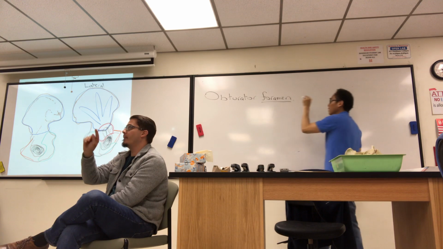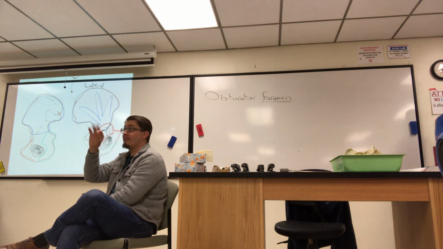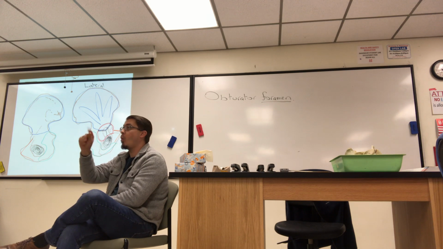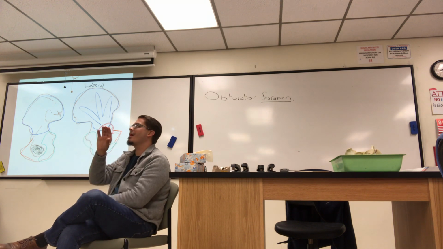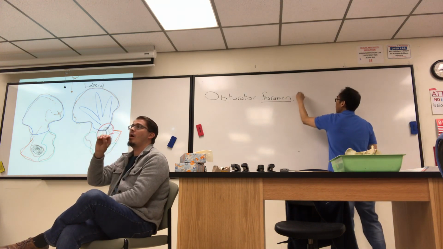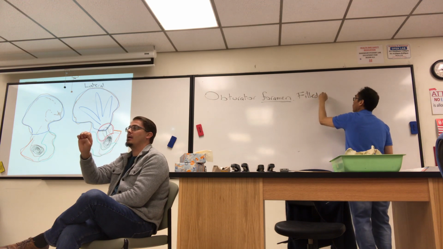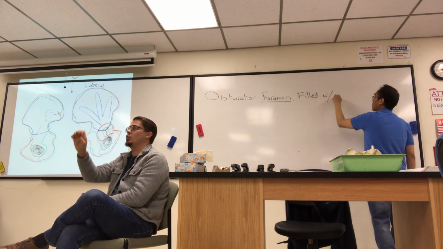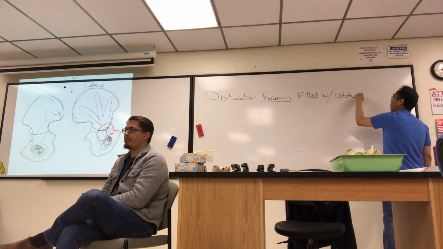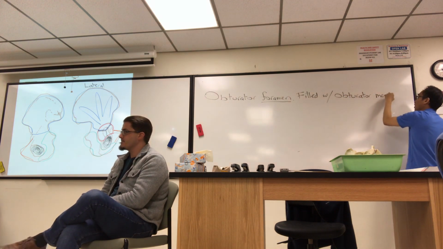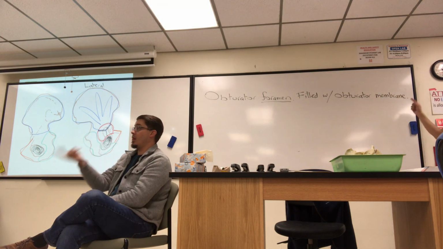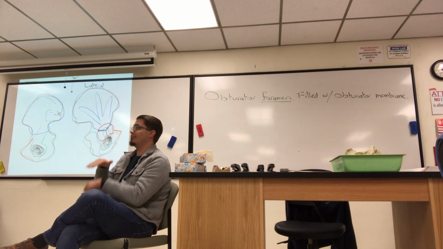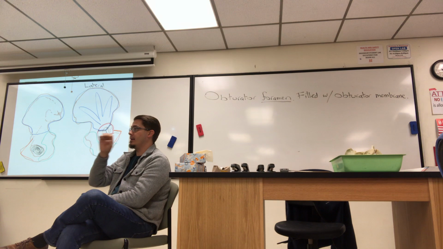In anatomy, as you well know, I hope you know by now, foramen means hole. However, in life, that hole is filled with a connective tissue membrane called the obturator membrane. And there are two muscles that attach to this flat membrane, and they're called obturator internus and obturator externus.